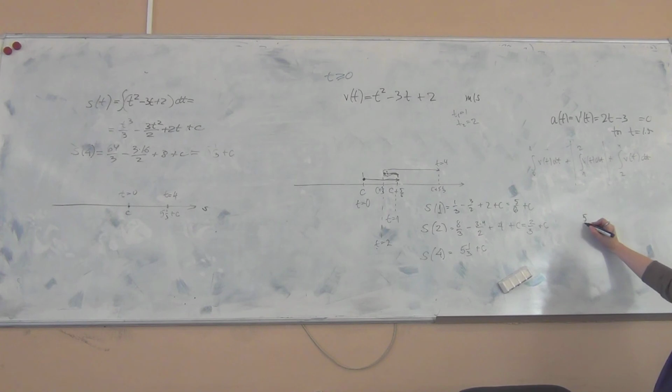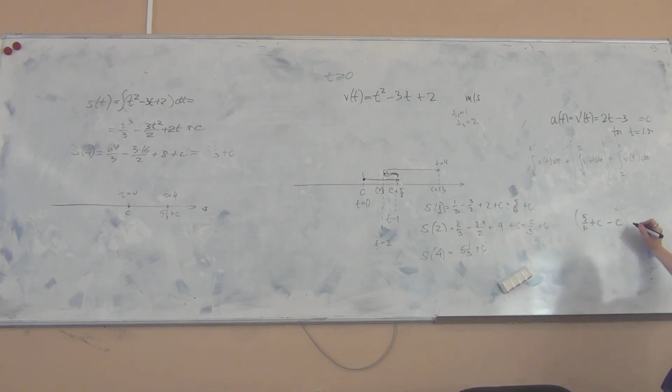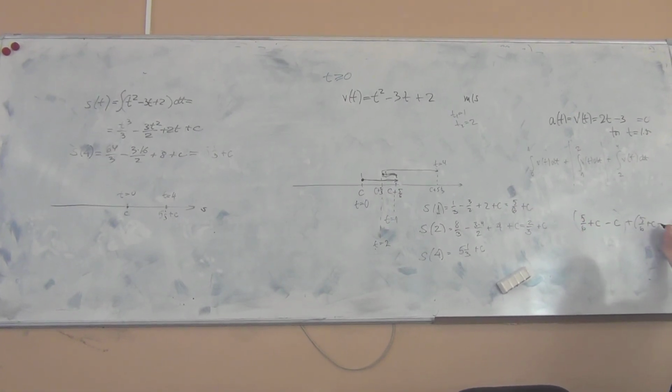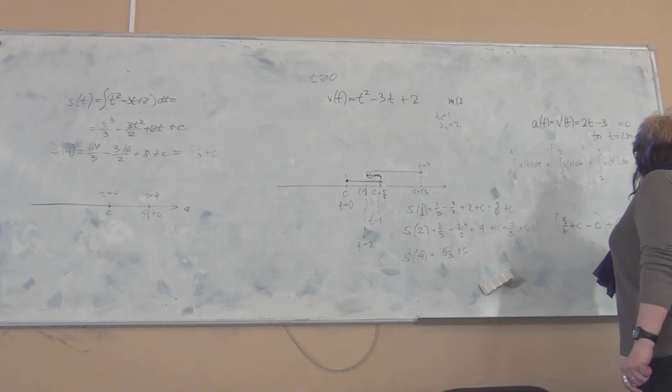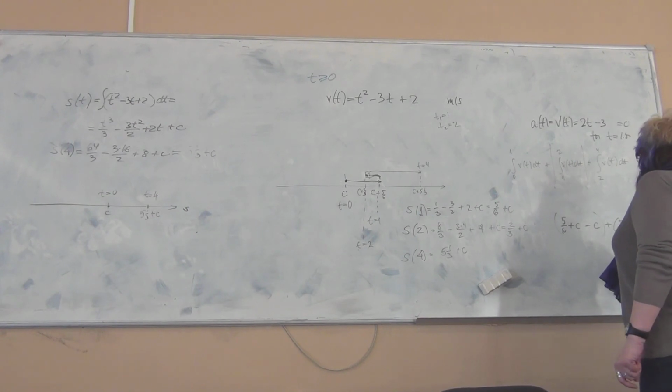Okay, 5 over 6 plus c minus c, that's the first part. Now the second part, 5 over 6 plus c minus this coordinate, that's 2/3 plus c.